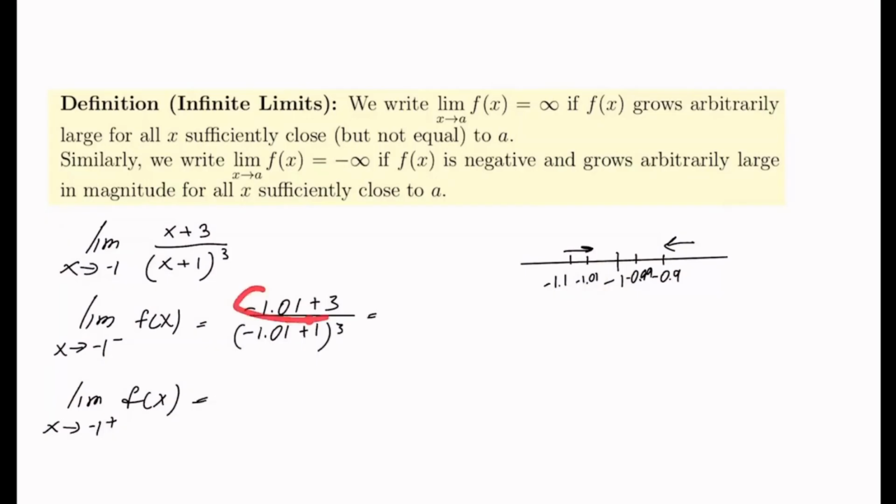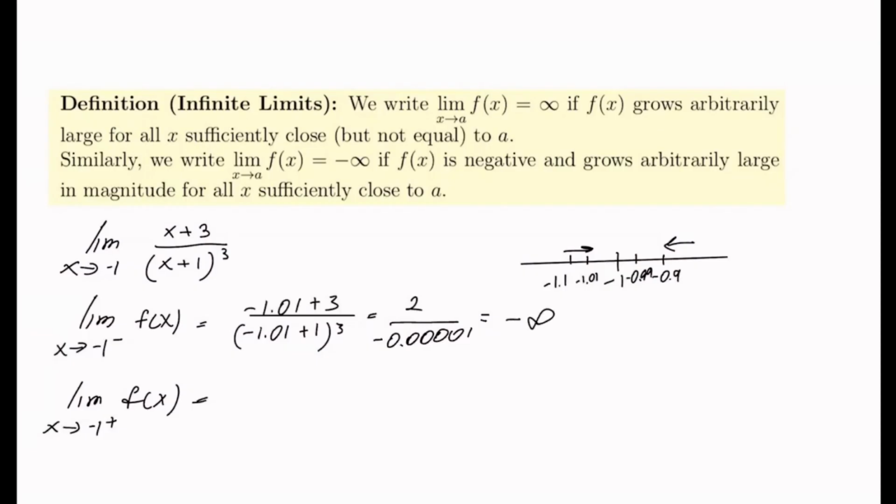As you can see, in the numerator we have approximately 2, and in the denominator we have approximately 0, but it's going to be a negative value, actually -0.000, many zeros, 1. So when we have in the denominator a very small negative number, and in the numerator just something like 2 and positive, the whole fraction will be negative infinity in this case.